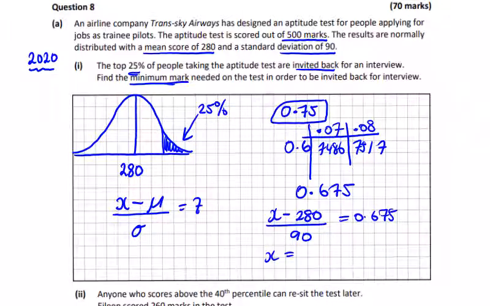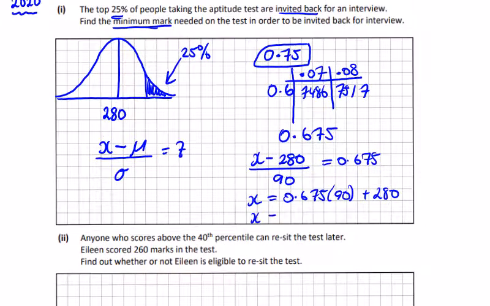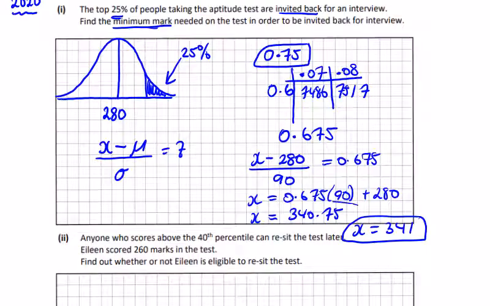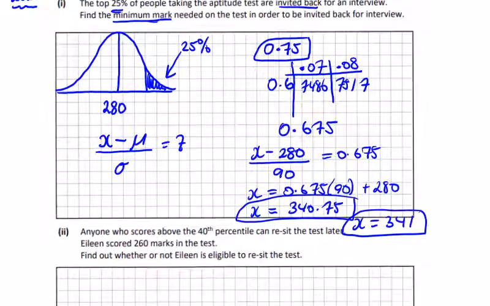So X is equal to 0.675 by 90 plus 280. That's going to give me 340.75. So we'll say X is equal to 341. It doesn't ask us to round, but maybe write both if they don't ask you. Either one of these two numbers.